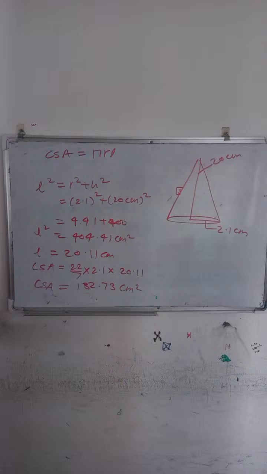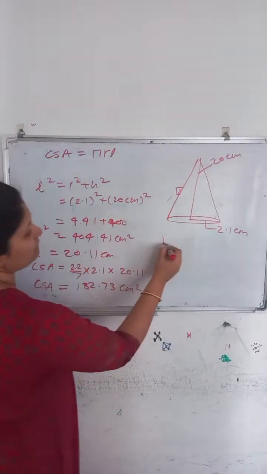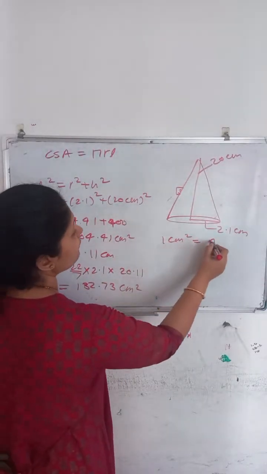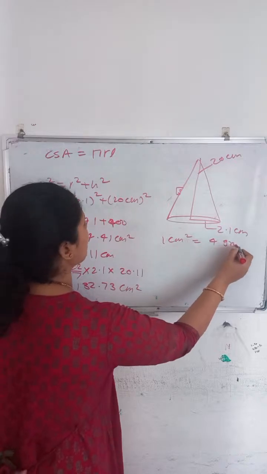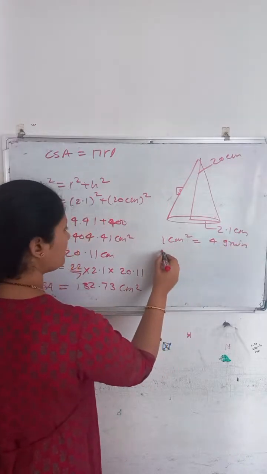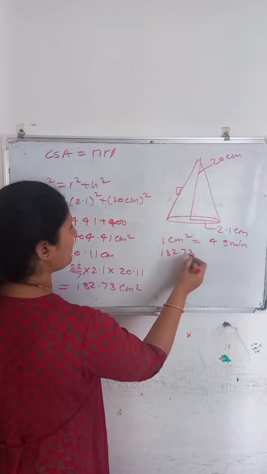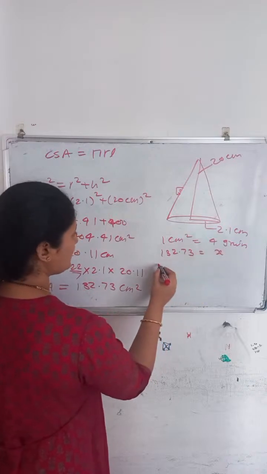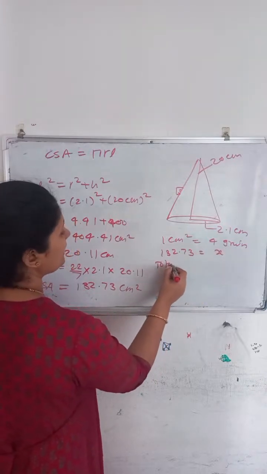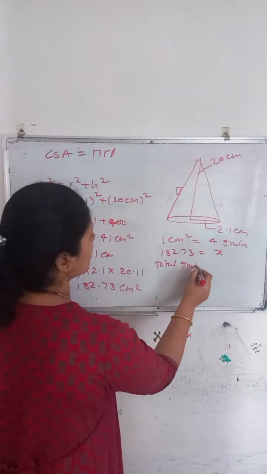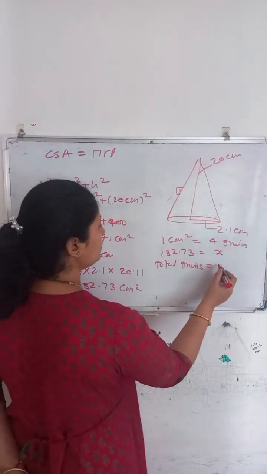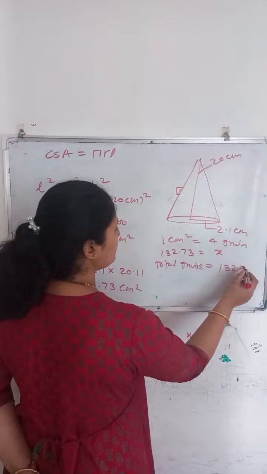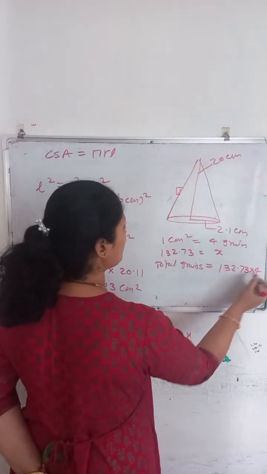In 1 centimeter square, there are 4 grains. So in 132.73, how many grains are there? So total grains is equal to 132.73 into 4.